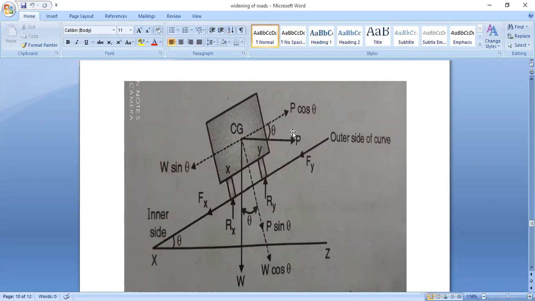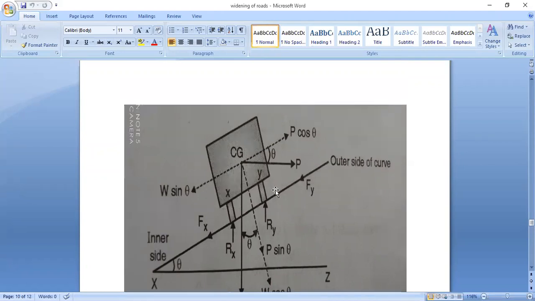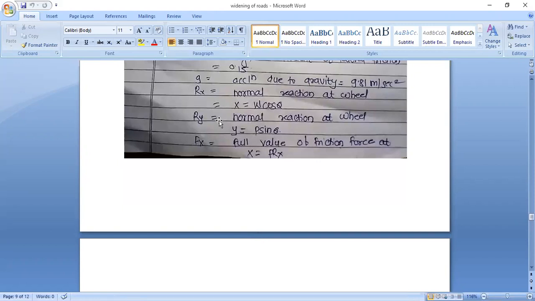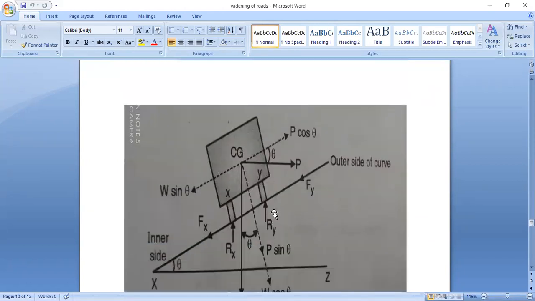P is resolved as P cos theta and P sin theta. Then W, the weight of the vehicle, is resolved as W sin theta and W cos theta. Then Fx and Fy are the friction forces, and Rx and Ry are the reactions at the wheel base.